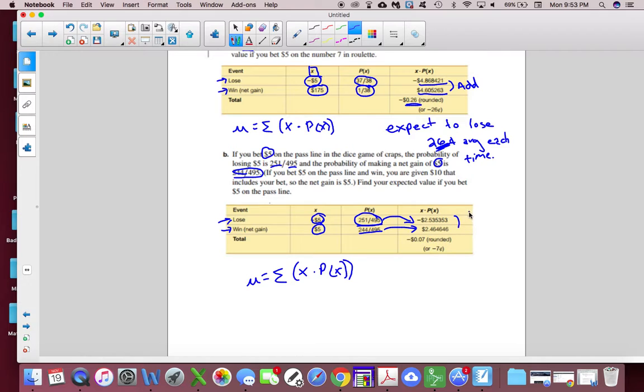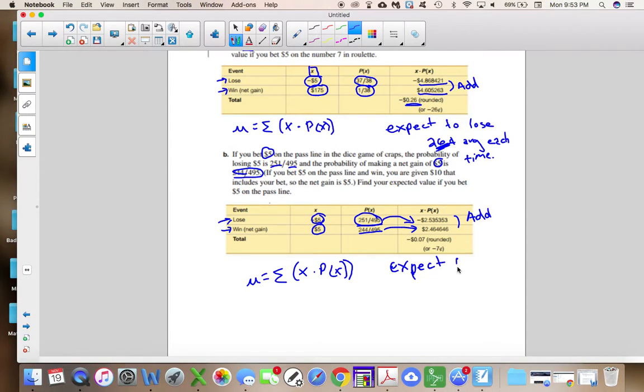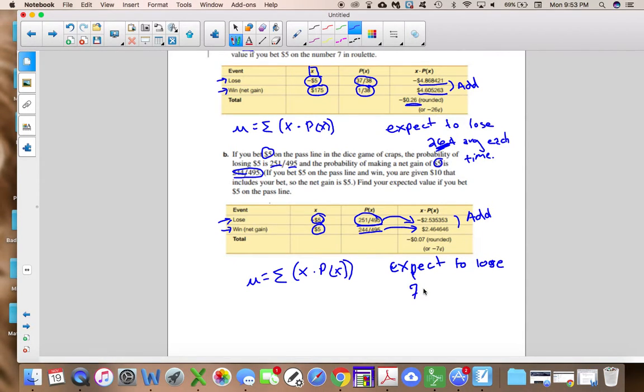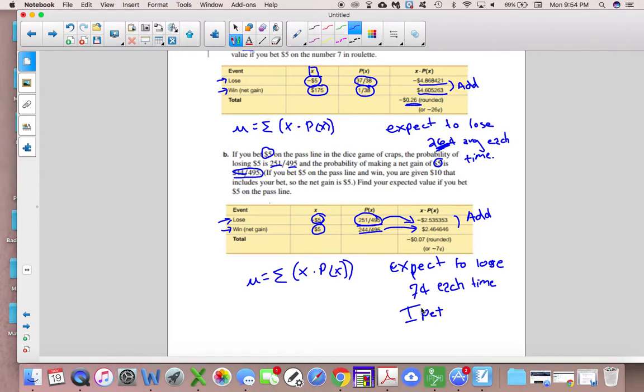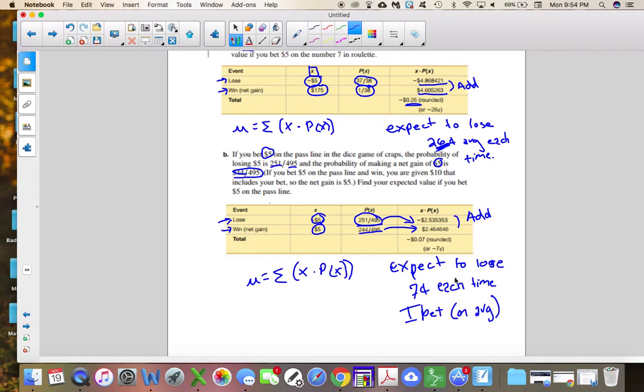And if I add those up both together, I get negative 0.7, which means that I can expect to lose 7 cents each time I bet, on average. Okay. I expect to lose 7 cents each time on average when I bet.